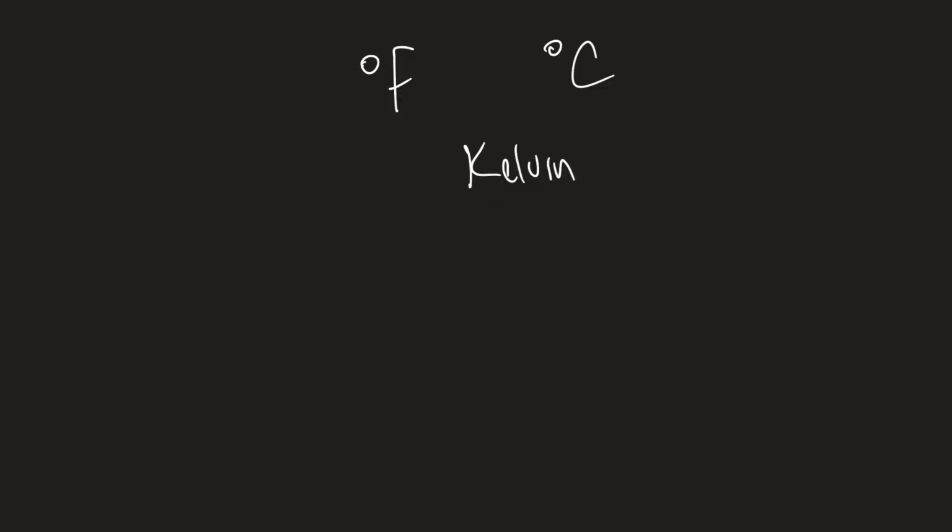It turns out that the unit of Celsius and the unit of Kelvin are the same size. In other words, if a substance decreases in temperature by 5 degrees Celsius, it also decreases the temperature by 5 Kelvin.